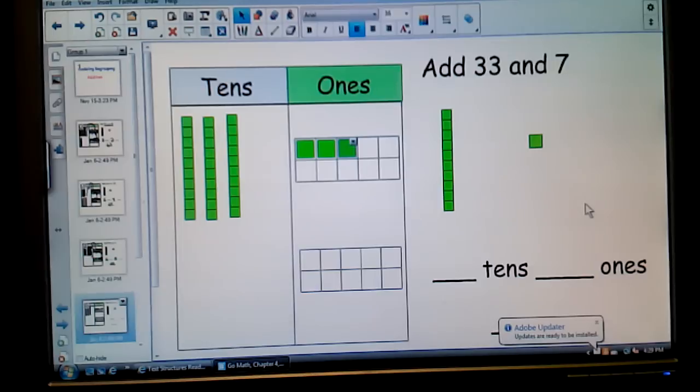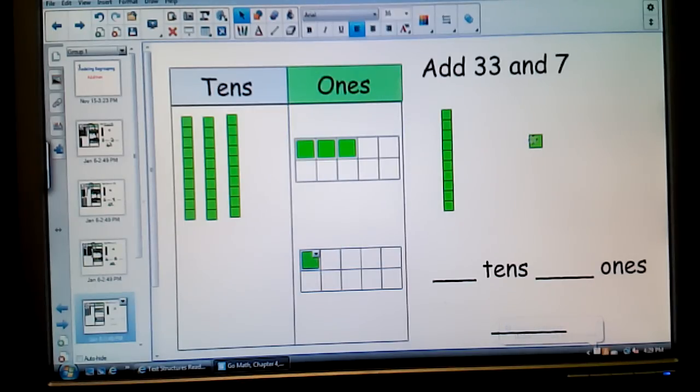Then I'm going to make 7 down below. 1, 2, 3, 4, 5, 6, and 7.